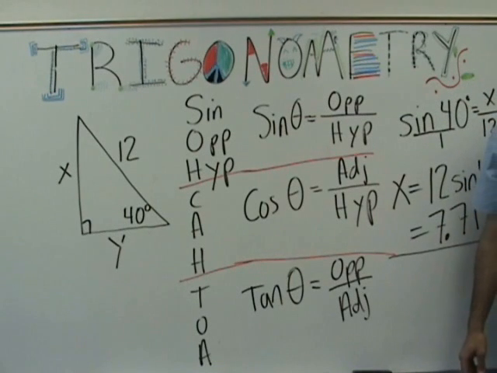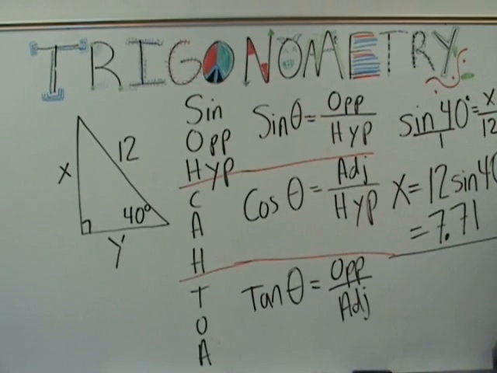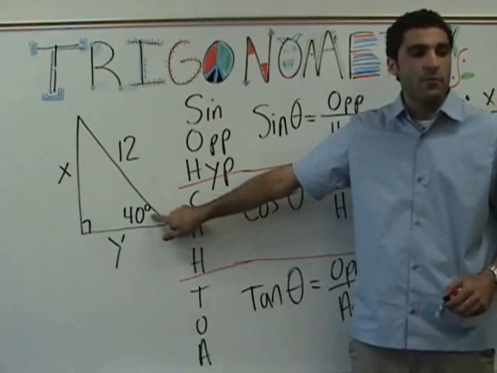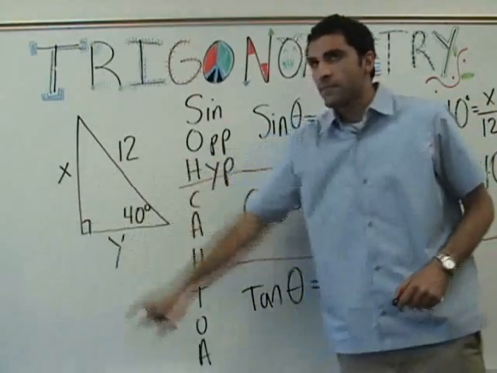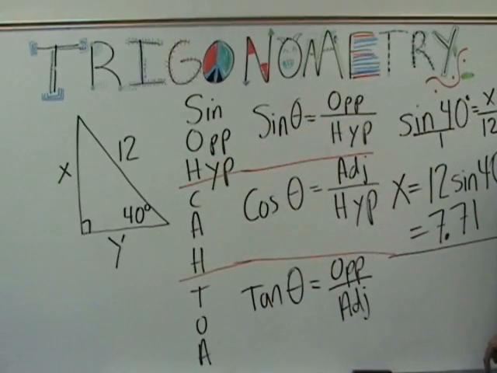Tangent. What would tangent be, what over what? Opposite over adjacent. So tangent of 40 would be x over y.